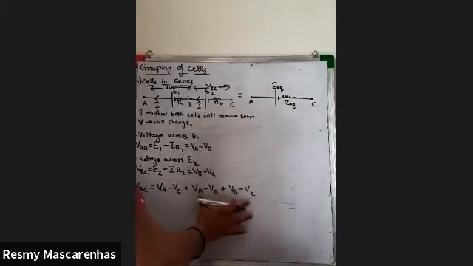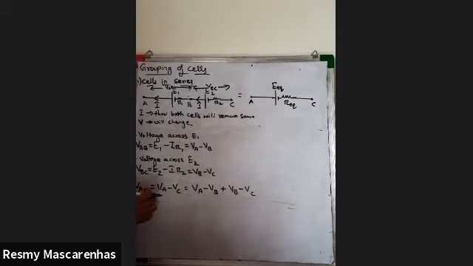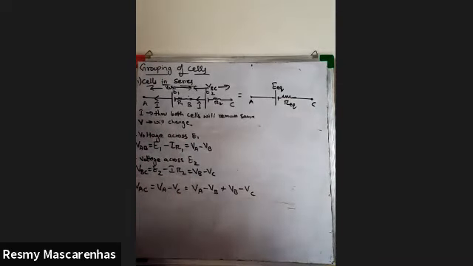I am writing it this way because I can substitute these things over here and get the value for VAC. Okay, so along A and C, it will be VA minus VC, which I'll write as VA minus VB plus VB minus VC. I'm doing this so that I can substitute.